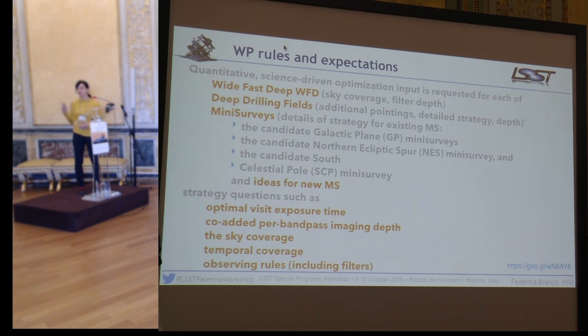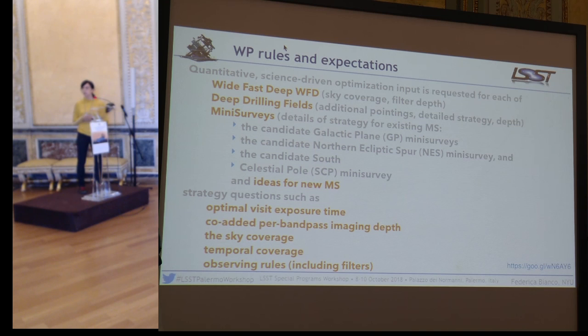So you can propose for any of the survey components: the wide, fast, deep, deep drilling fields, mini surveys. Specifically for the mini surveys, there are explicit requests to propose for a galactic plane survey, to motivate the galactic plane surveys. There are simulations that include the galactic plane, and there are simulations that simply don't include the galactic plane.